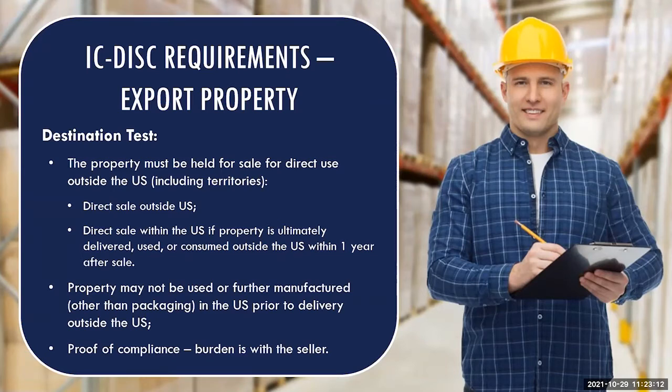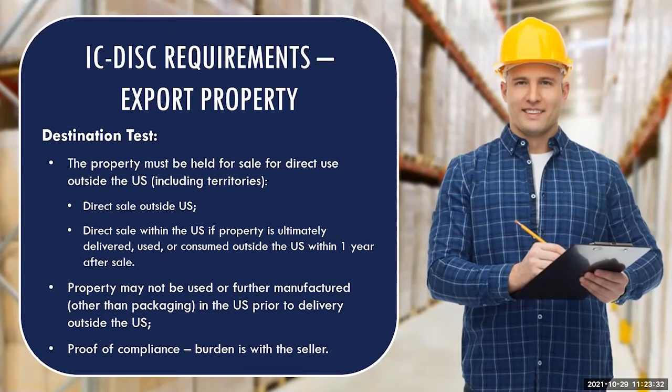Or you have a direct sale within the US in which that property then is ultimately delivered or used outside the US within 1 year of the original sale. So for example, US manufacturers sell to a distributor.